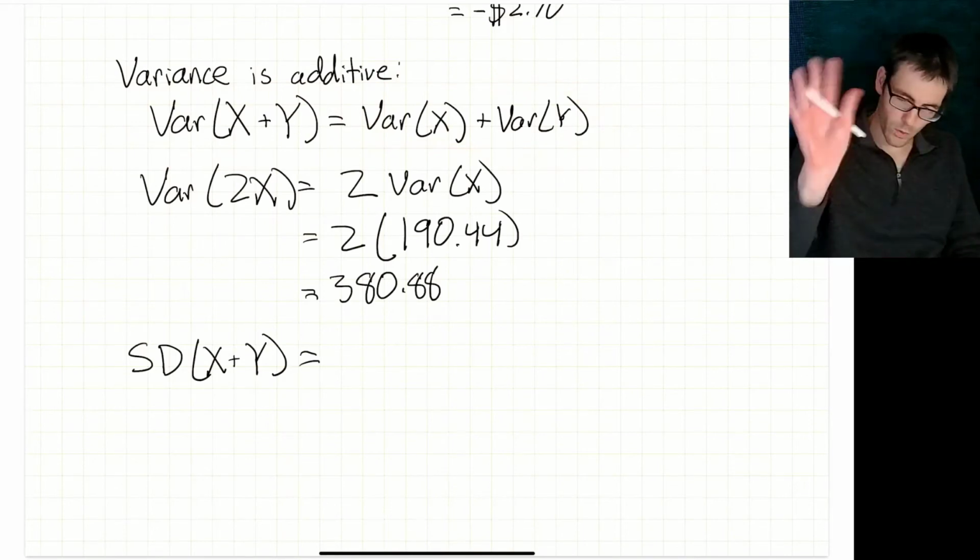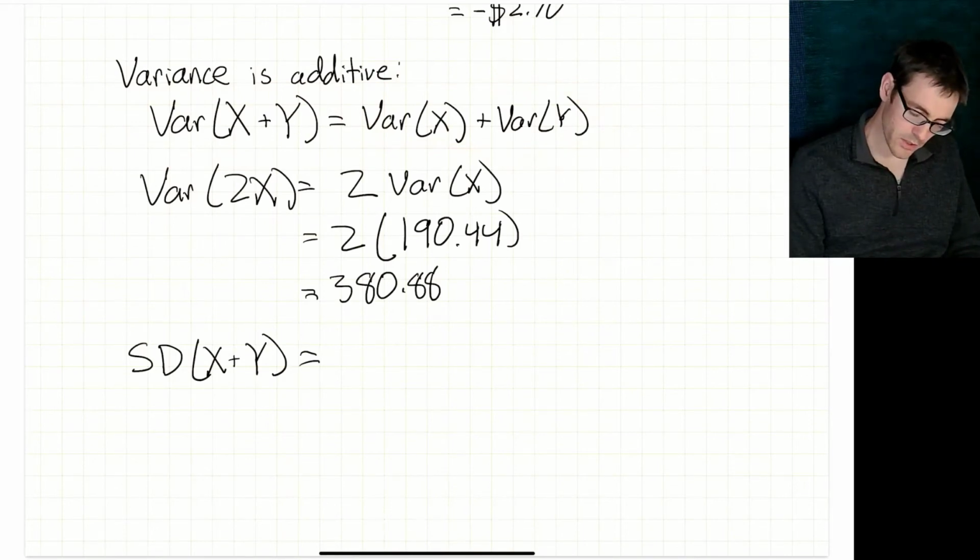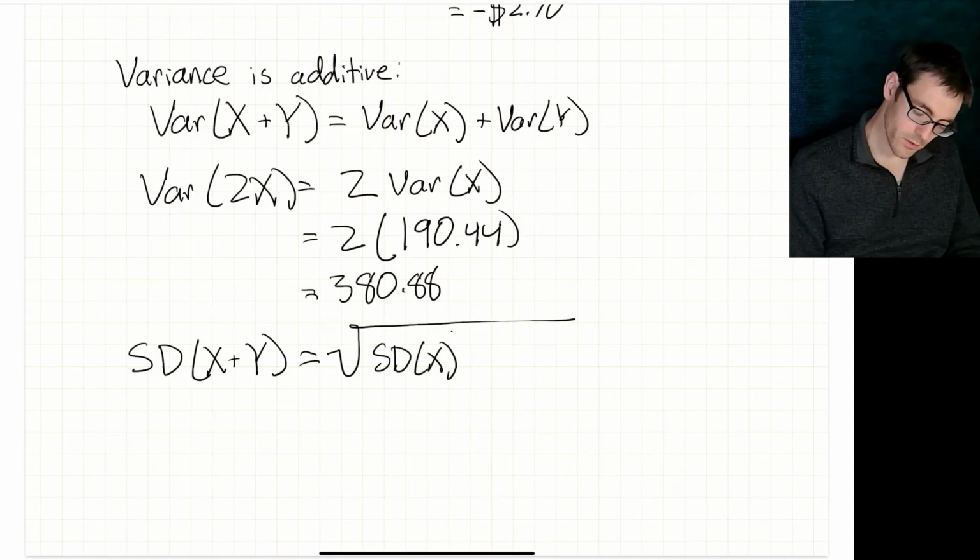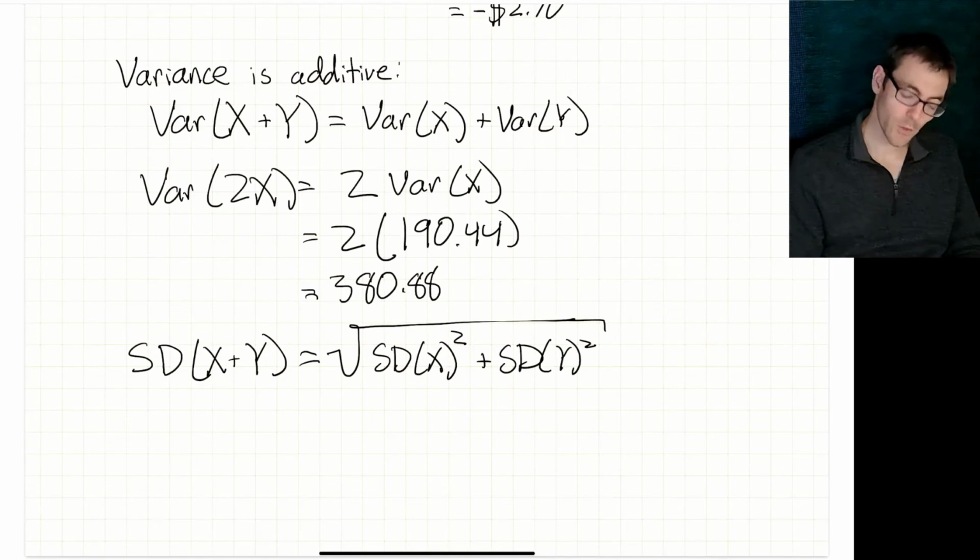So what I mean by that is the standard deviation of the sum of two is going to be the square root of the standard deviation of one of them squared plus the standard deviation of the other squared. And then, so again, in our example, we're saying that x and y are the same thing. We're just doing something twice.